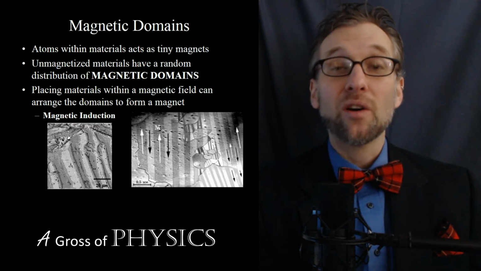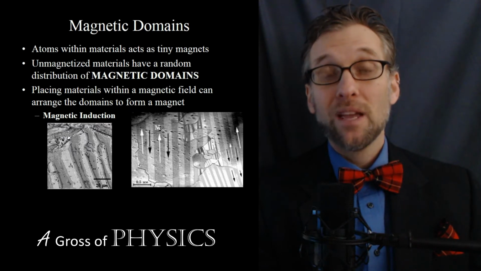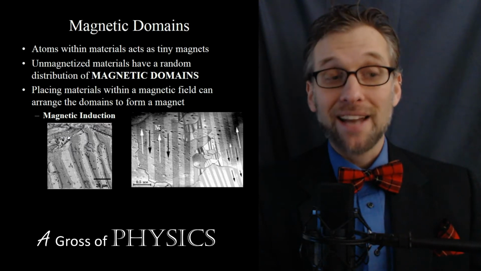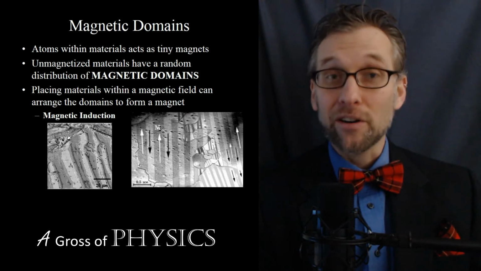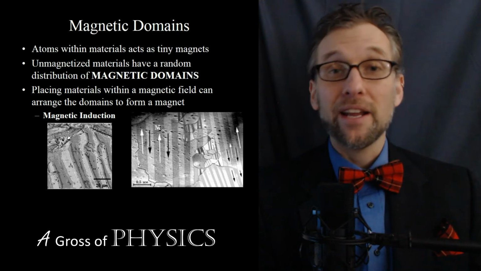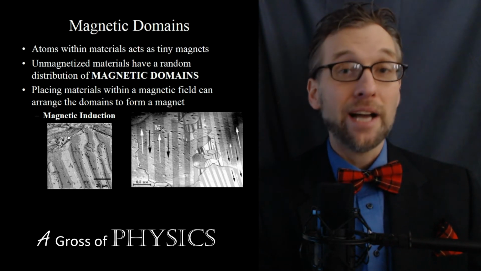These domains are areas where the magnetic fields line up. If you have an object that's non-magnetic, it will have all of its magnetic domains scattered. A magnet that has natural magnetic properties has all the magnetic domains lined up.